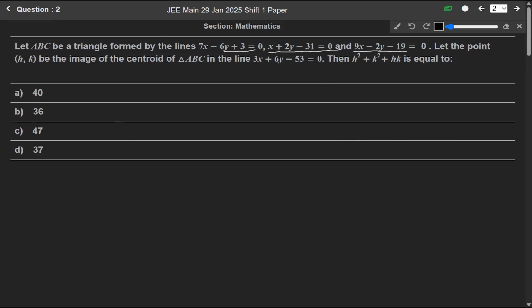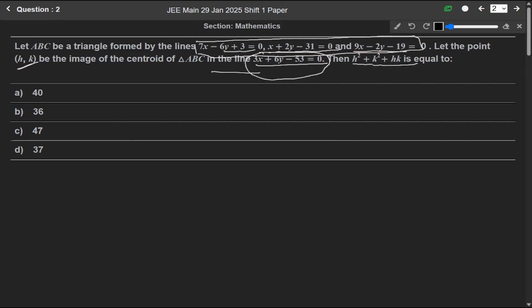Let the point (h, k) be the image of the centroid of triangle ABC in the line 3x plus 6y minus 53 equals 0. Then we have to find the value of h square plus k square plus hk.